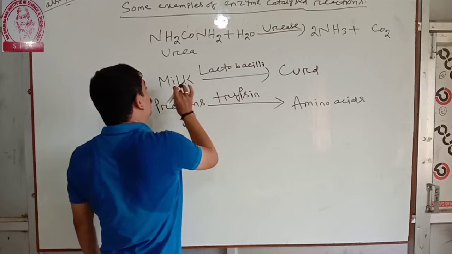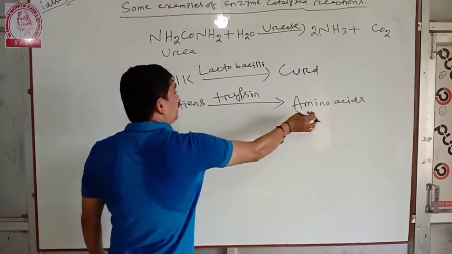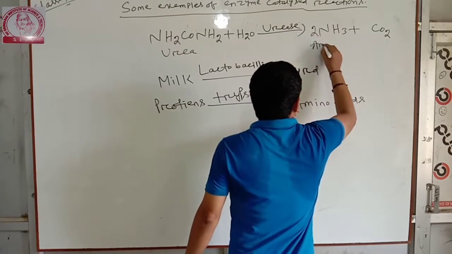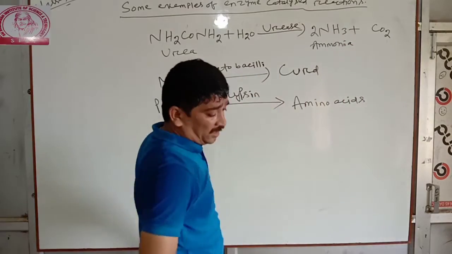What is the enzyme used for the conversion of milk to curd? Lactobacilli. Proteins to amino acids, trypsin. Urea to ammonia by urease.